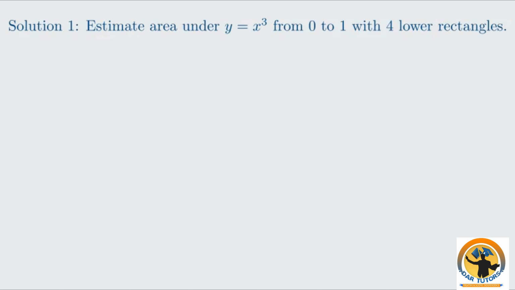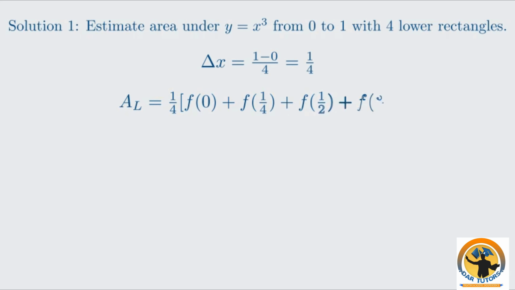Let's review the solutions to the practice questions. For question 1, we need to estimate the area under y equals x cubed from 0 to 1 using 4 lower rectangles. The width of each subinterval is 1/4. The heights are f of 0, f of 1/4, f of 1/2, and f of 3/4.